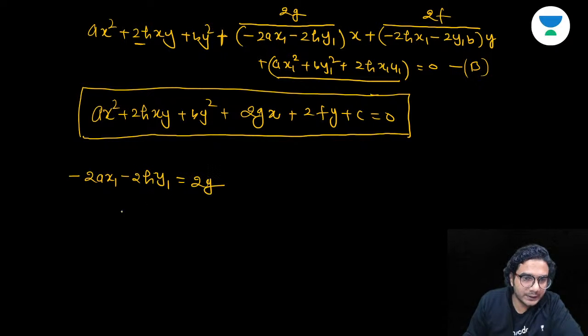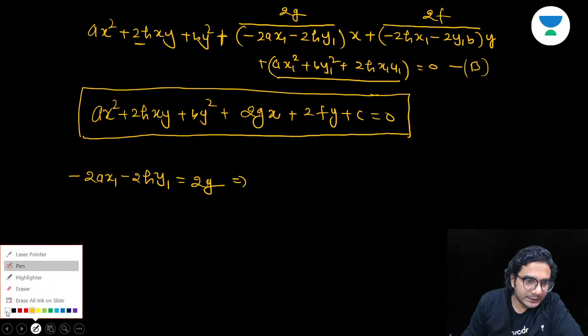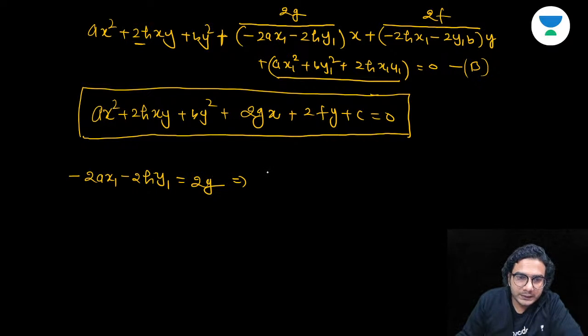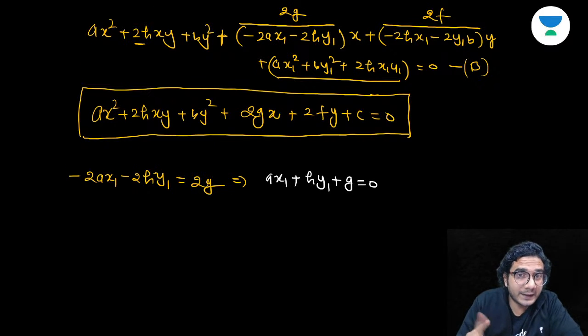So we can cancel the 2 and write ax1 plus hy1 plus g is equal to 0. This is a relation between x1 and y1, the point of intersection of the lines represented by this equation.